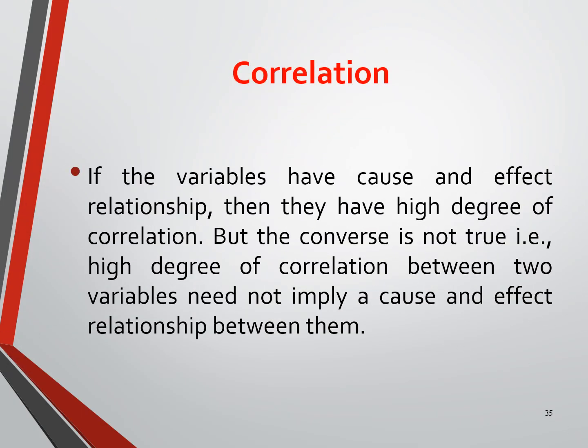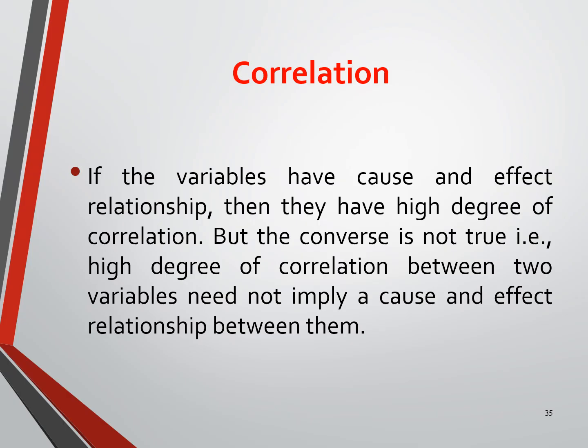If the variables have cause and effect, then they have it, but at the same moment, when there is a high degree of correlation, it opens up the possibility of studying regression analysis, to see what the cause and effect relationship is. But if there is a lower level of correlation, then we cannot establish the cause and effect relationship.